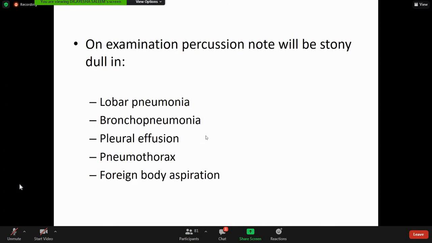I mentioned there will be crackles, there will be wheeze, there will be dullness on percussion, there will be diminished breath sounds. So which condition leads to a stony dull percussion note? Any idea? No? Okay, the answer is C, pleural effusion. The percussion note will be stony dull in case of pleural effusion.